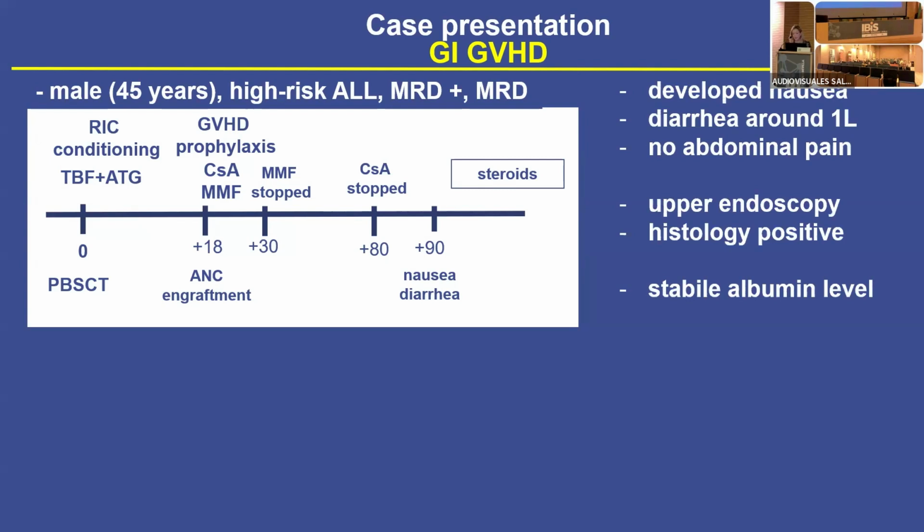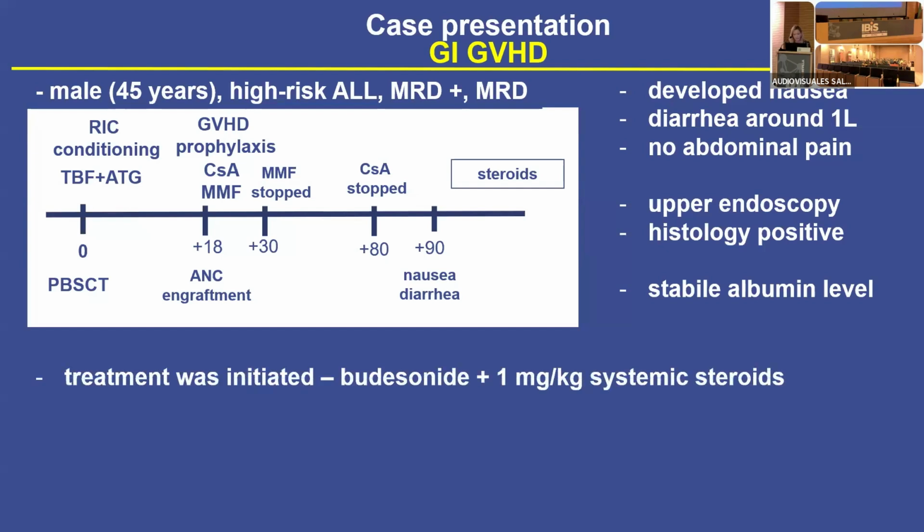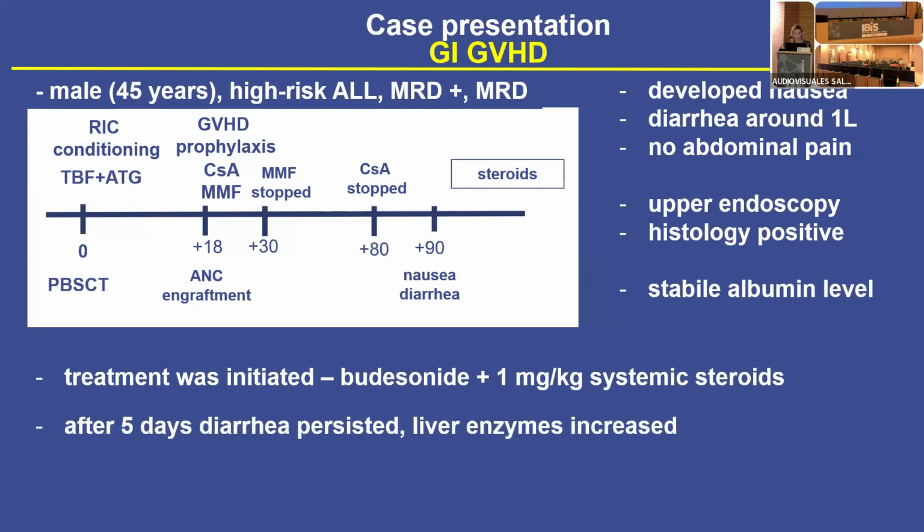This patient developed nausea and diarrhea, but not very large volumes, with no abdominal pain, had the confirmation, but had stable albumin levels. And this patient was a perfect candidate to initiate lower dosages of steroids with non-absorbable steroids.